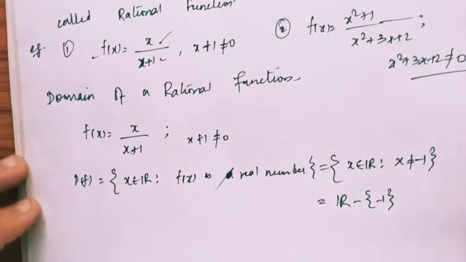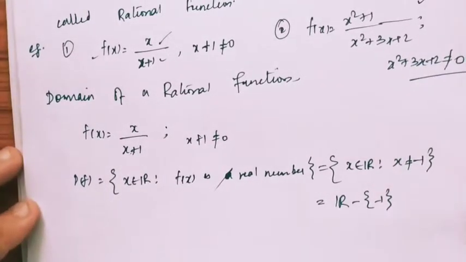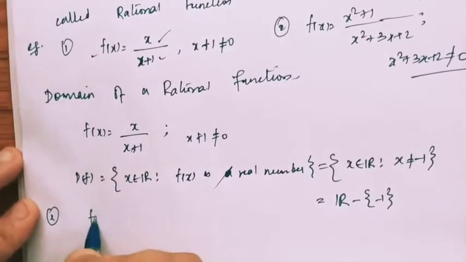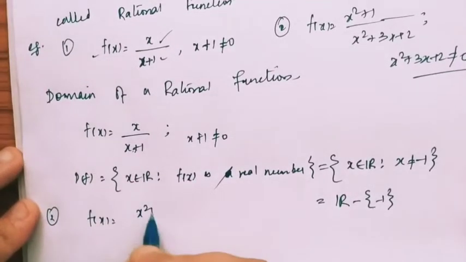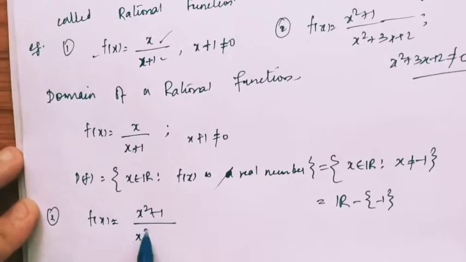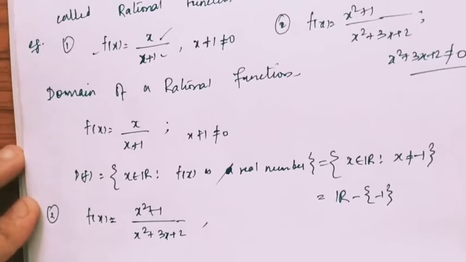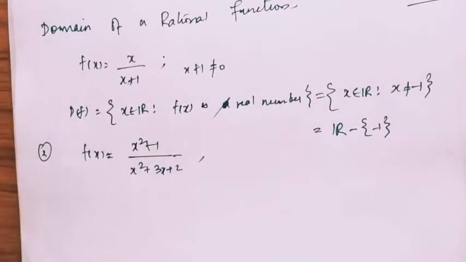Next we look at the domain of the second example, f(x) equal to x square plus 1 divided by x square plus 3x plus 2. Again, for the domain the denominator should not be equal to 0.